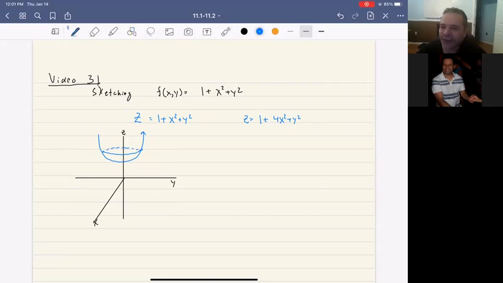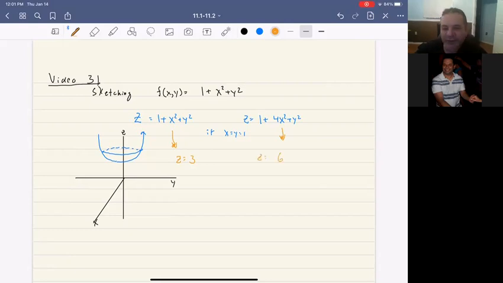So let's take, for example, the point x and y both equaling 1. Then here, we're going to get z equals 1 plus 1 plus 1, 3. Here, we're going to get z equals 1 plus 4 plus 1, 6.